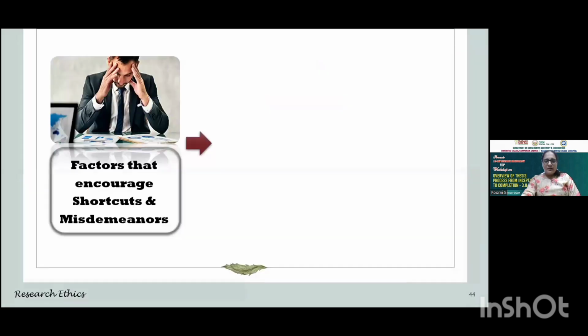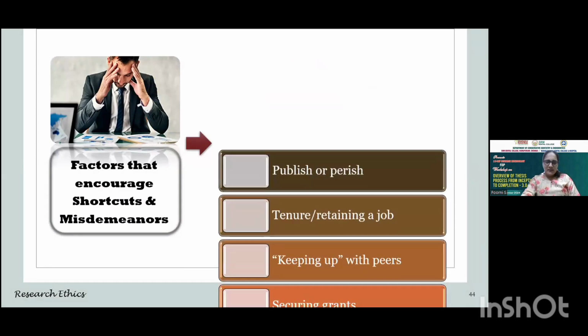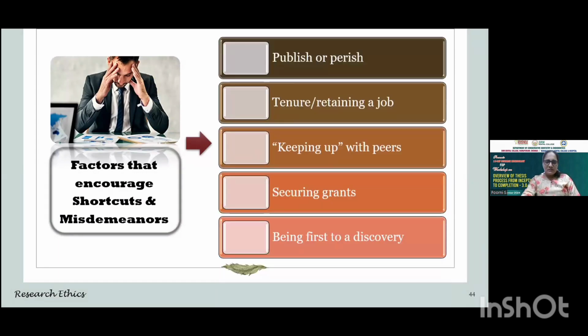Why does everybody breach or take shortcuts? We always have an excuse. We say there is a lot of pressure from the institution or from the peers which says publish or perish. We sometimes take shortcuts to retain a job. Sometimes we do things to keep up with our peers.